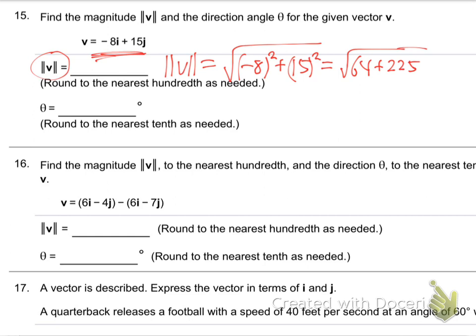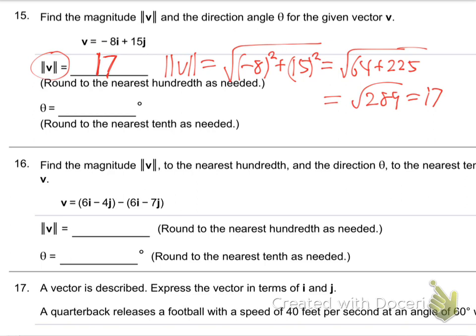Yeah, it's going to be 289. And the square root is 17. So the length of that vector is 17. So that vector that goes back 8, up 15, has a length of 17.